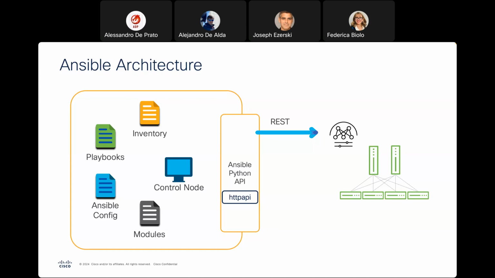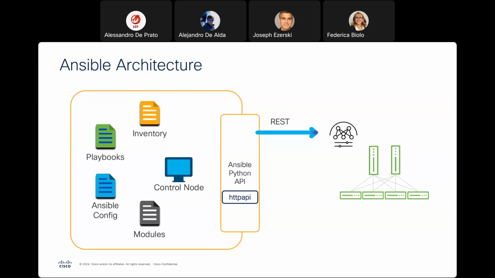The last bit and the most important one are the playbooks. The playbooks are text files, written in YAML in this case, that tell Ansible what the different operations are that it has to do. So the playbooks contain information on what automation we want to run, in our case, towards NDFC.